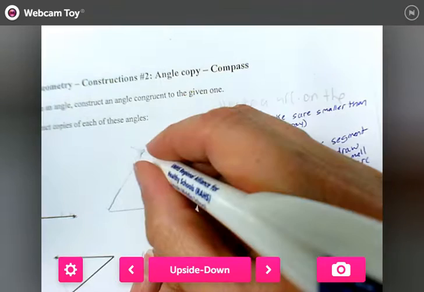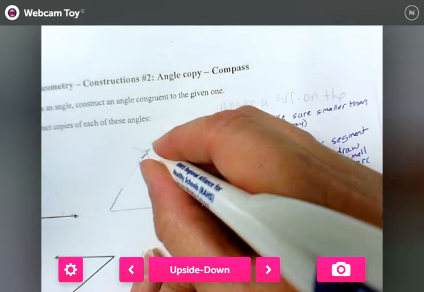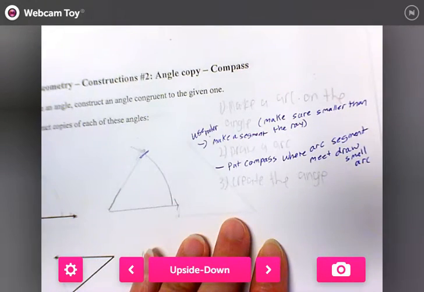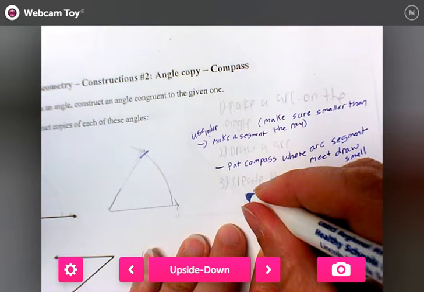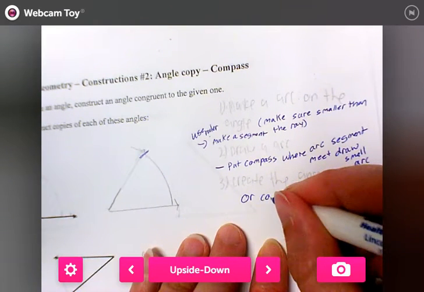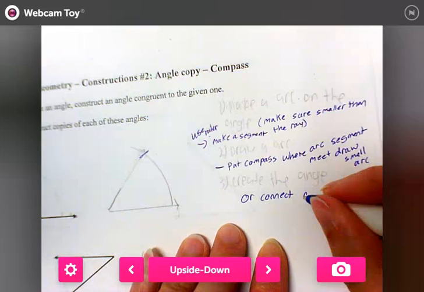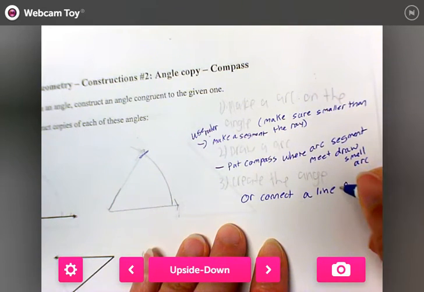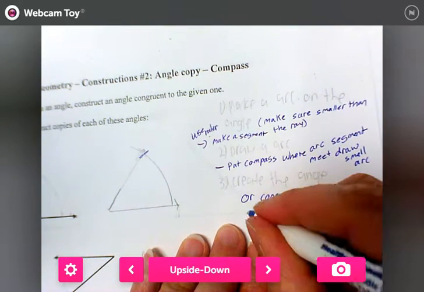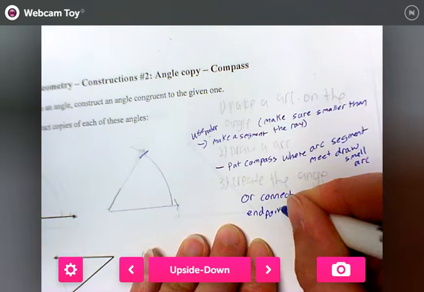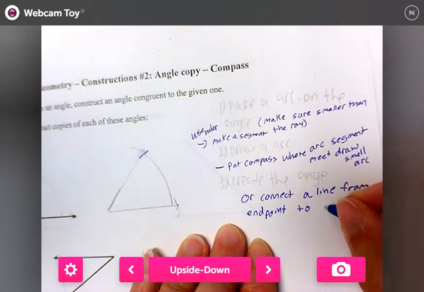That's this piece right here where we drew a little arc right there. Okay. Then create the angle, or you could say connect a line from endpoint to arc intersections.